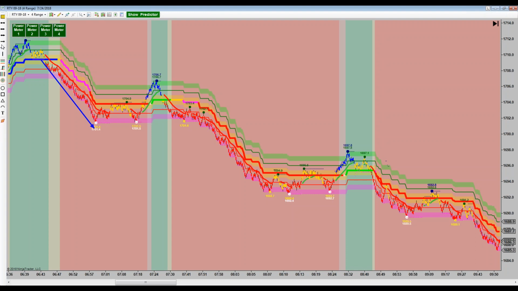Then you get a series of retracements. Some are pullbacks, with different names for them. Sometimes they go to the mid-band and roll over. Sometimes they go a little deeper to the outermost band and roll over. Sometimes they go just a little above the mid-band and then roll over.